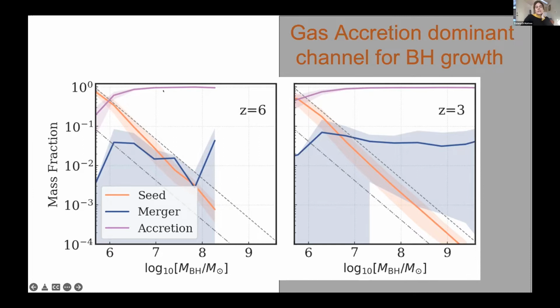And up here is basically close to 1, the mass that is gained by accretion as opposed to mergers. So black holes definitely grow by accretion in our simulations predominantly, although accretion and mergers and the seed mass play an important role, right, particularly in the lowest mass black holes and mergers in the higher mass ones.